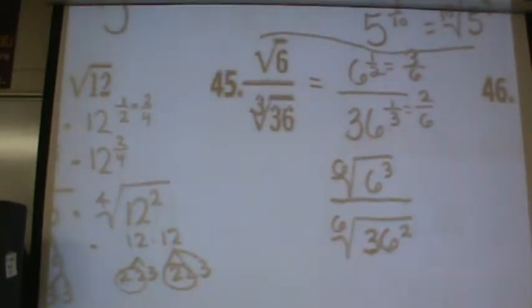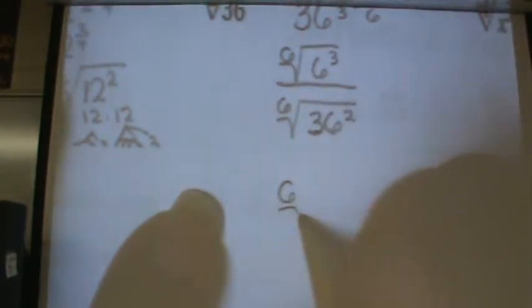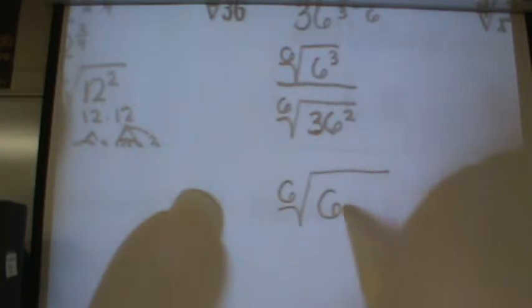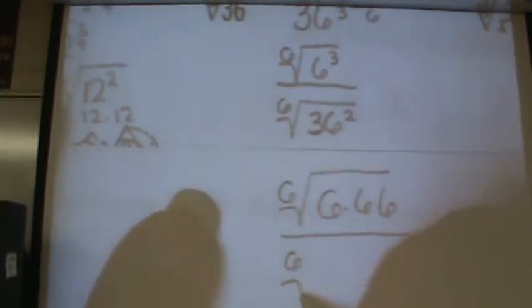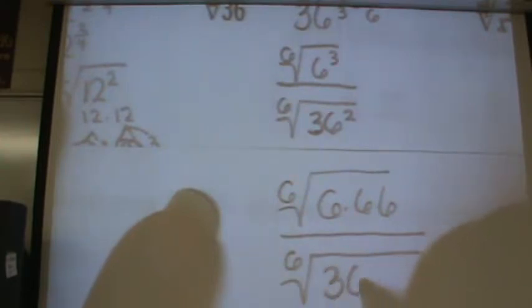This is a hard one. What cancels? Write it out. You've got the 6th root on top of 6 times 6 times 6. And in the bottom, you have the 6th root of 36 times 36.